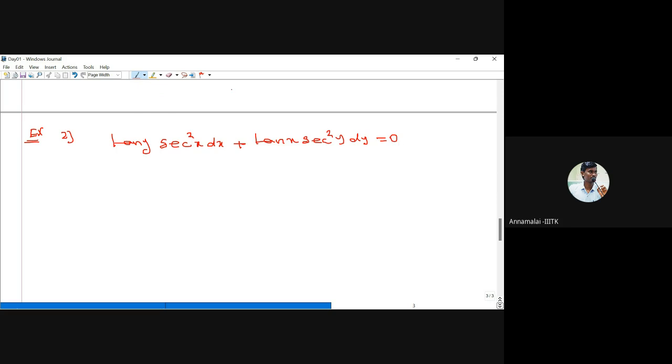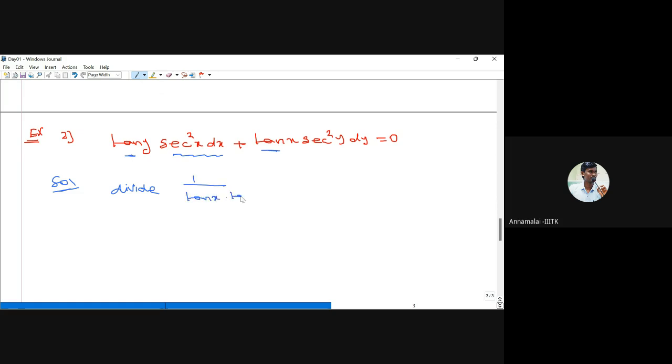Now, how to solve this? We have to separate x and y. Here we have x terms, but here we have a tan y, therefore we have to divide by tan y. And here we have a tan x, therefore we have to divide by tan x.